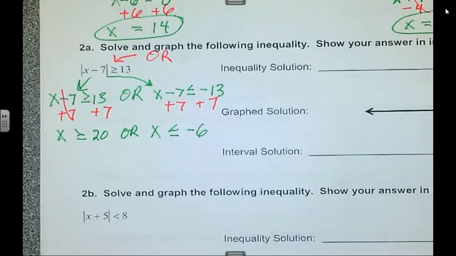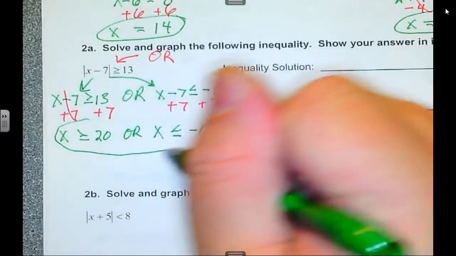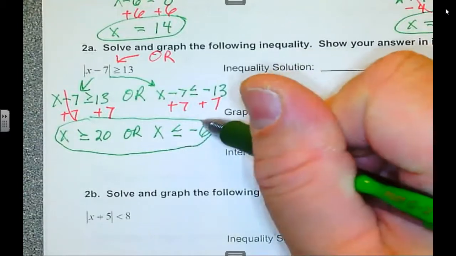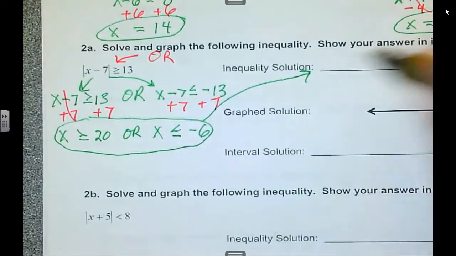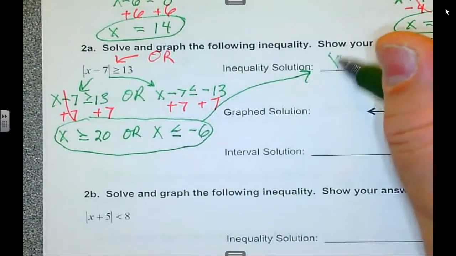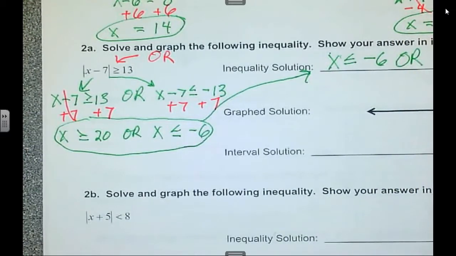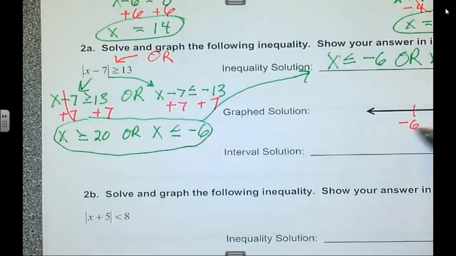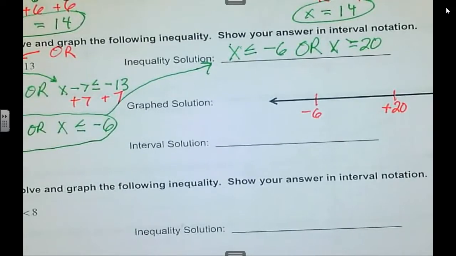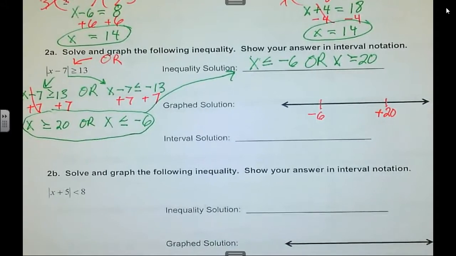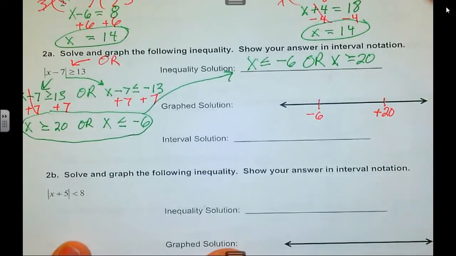Okay, again, this is our inequality statement. That goes here. I'm going to put my negative number first. Okay, graph it. Here's my small one. Here's my large one, positive 20. Let me zoom out. Okay, let's see.